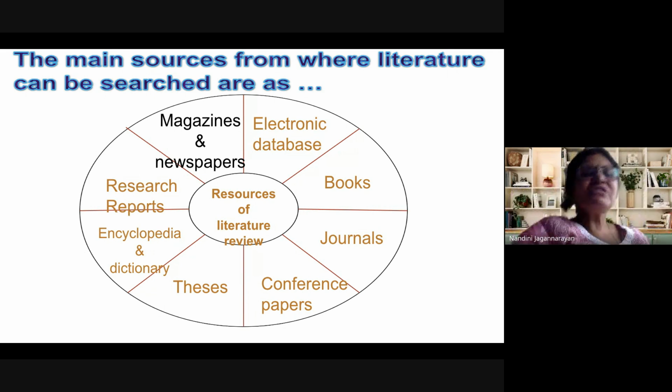These are some of the sources where you get your review of literature from. Electronic databases, you see something has been developed like that. Take the same example of the student who spoke about how people move from artificial intelligence to cloud computing.